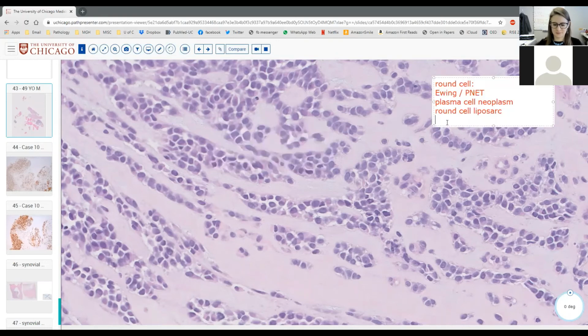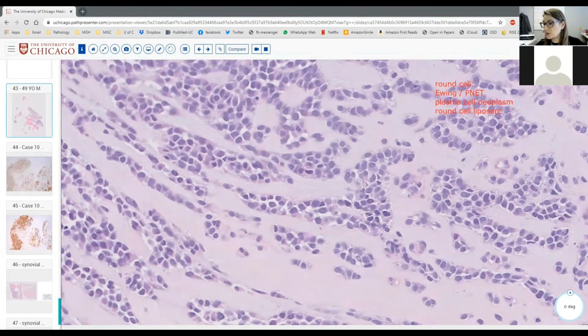So in this case, CD99, Fli1 for Ewing's might be what you want. Although those aren't always 100% specific because you can have some immunohistochemical overlap.